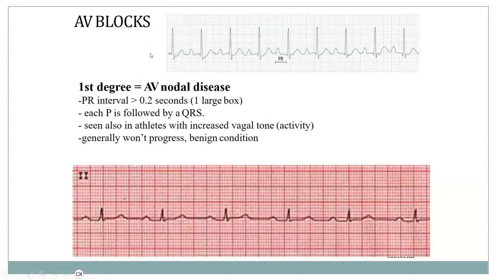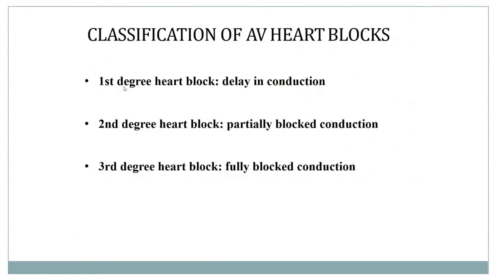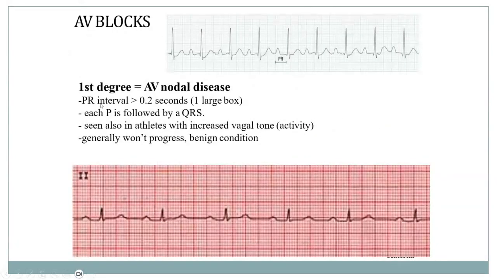For the atrioventricular block, we are concerned with the PR interval. We said the PR interval should have a certain duration, but here the PR interval will be more than 0.2 seconds, which is one large box.